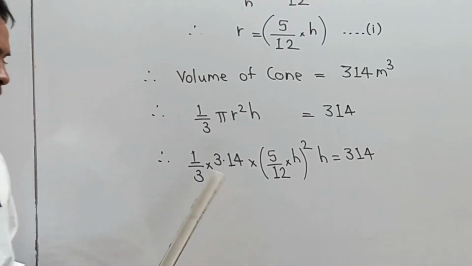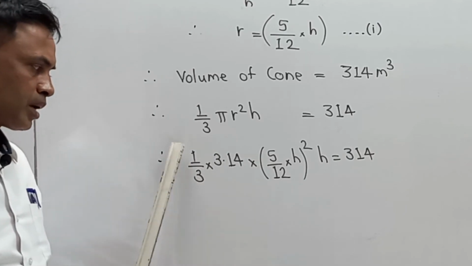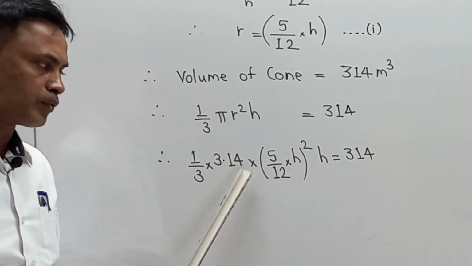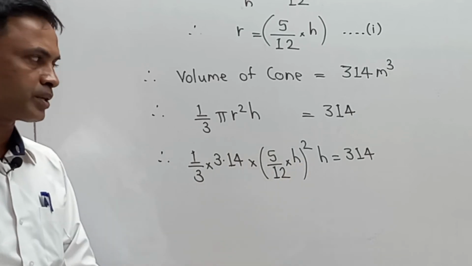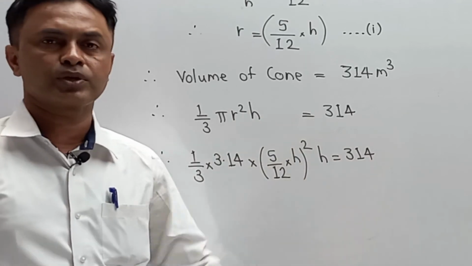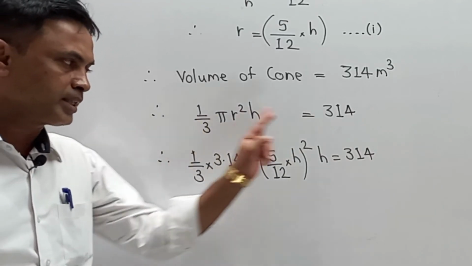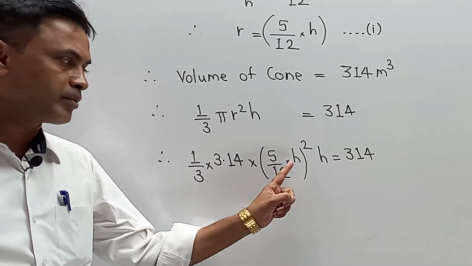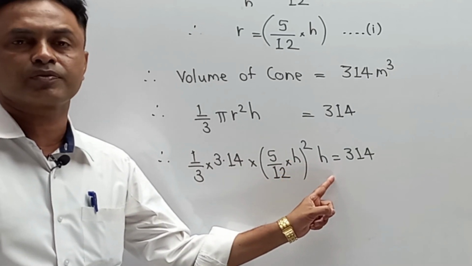Now please try to understand this step because this step is most important. 1/3 into 3.14 into (5/12 into h), this is the replacement of r, bracket square into h, is equal to 314. Now we have to solve it to get the value of h, which is our first target.